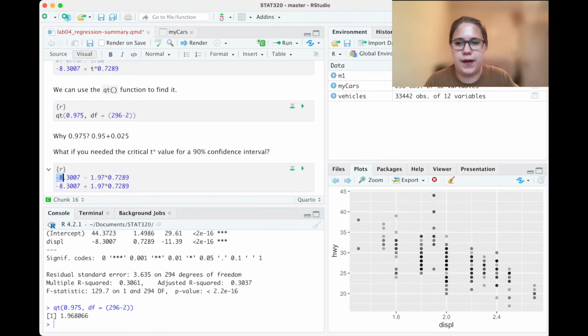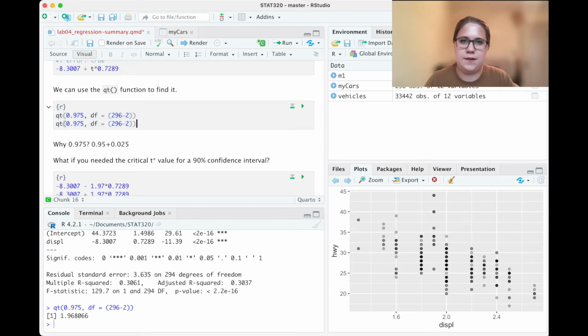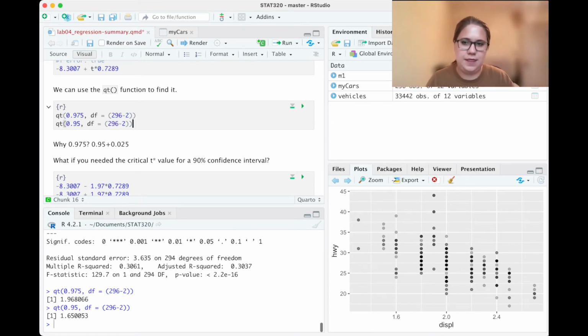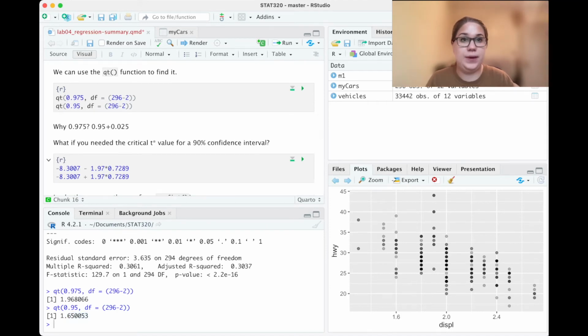So I could put that into my confidence interval. Oh, what if I needed it for a 90% confidence interval? I could copy this same information, and I'd have to think, okay, 90% in the middle. That means 5% on either side. So it's 90% plus 5%. So I'd put in 0.95, and that would give me the critical value for a 90% interval. But in this case, I'm going to make a 95% interval.